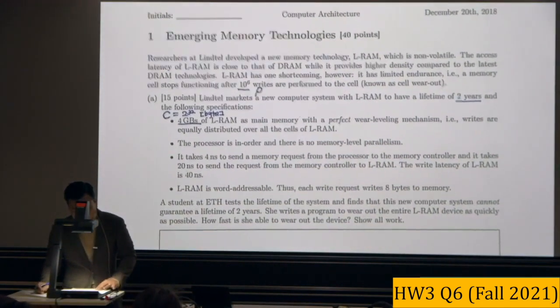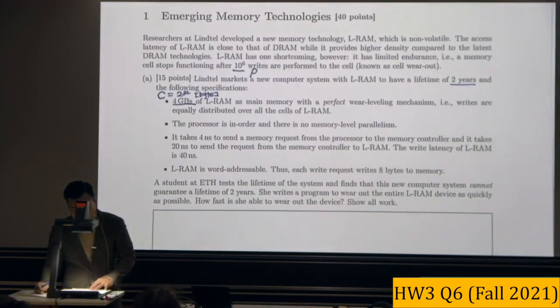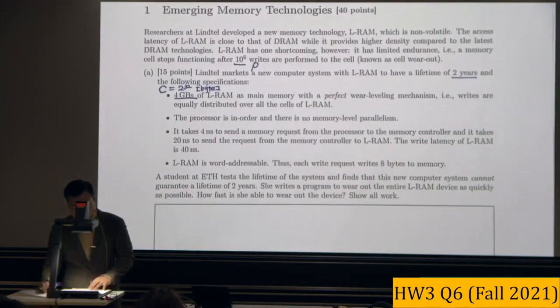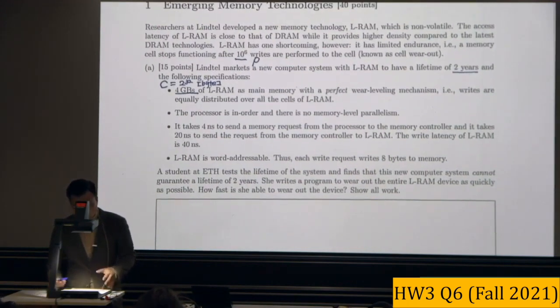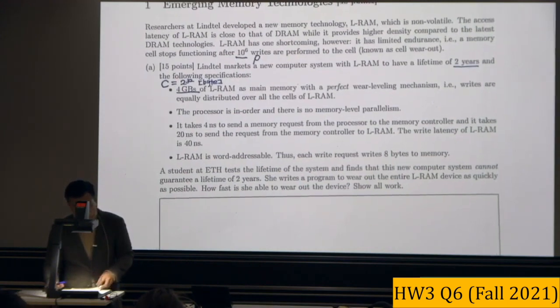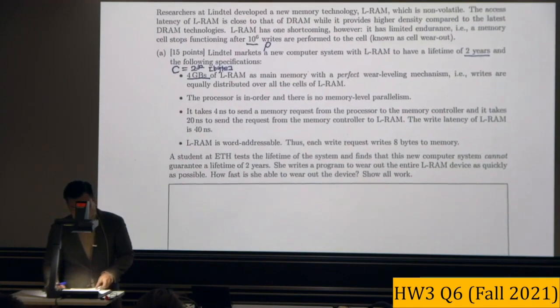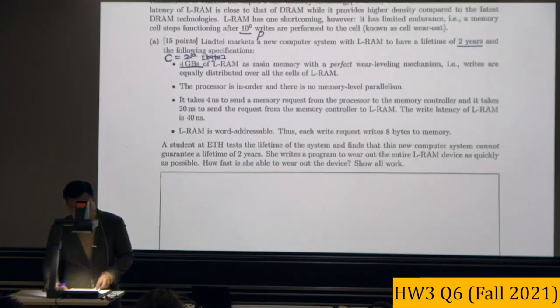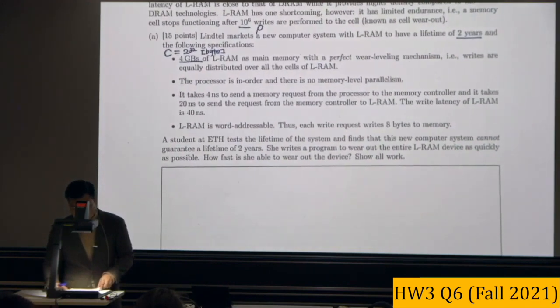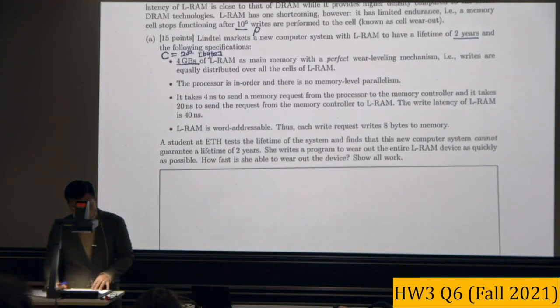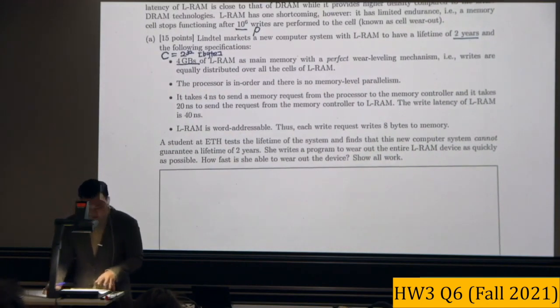And the processor is in order and there is no memory level parallelism. It means that with this system, we cannot overlap the latency of the device. And it takes 4 nanoseconds to send a memory request from the processor to the memory controller, and it takes 20 nanoseconds to send a request from the memory controller to LM.